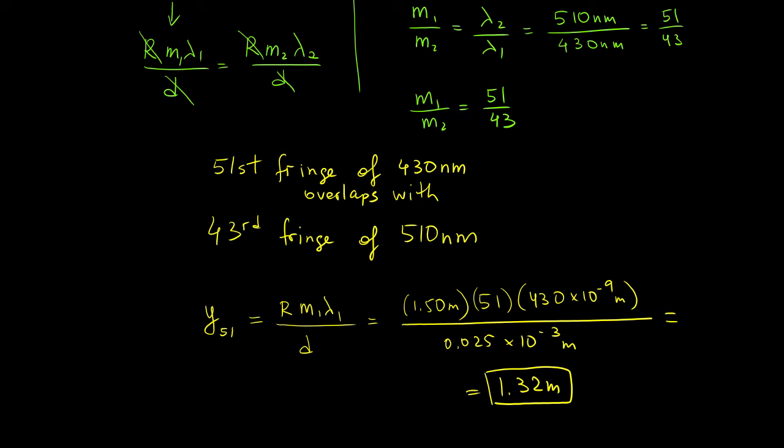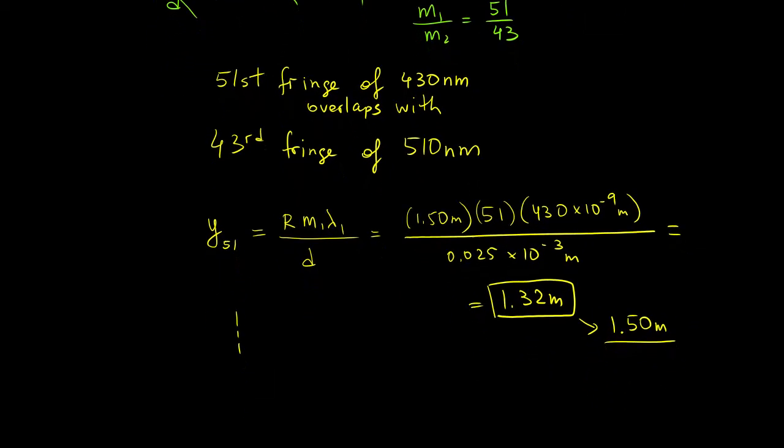But there is a very interesting moment. This value 1.32 is quite comparable to the distance of the screen from the slits. Let's say this is the double slits right here, and here's the screen. So from here to here is 1.50. Now we want to find out the separation.